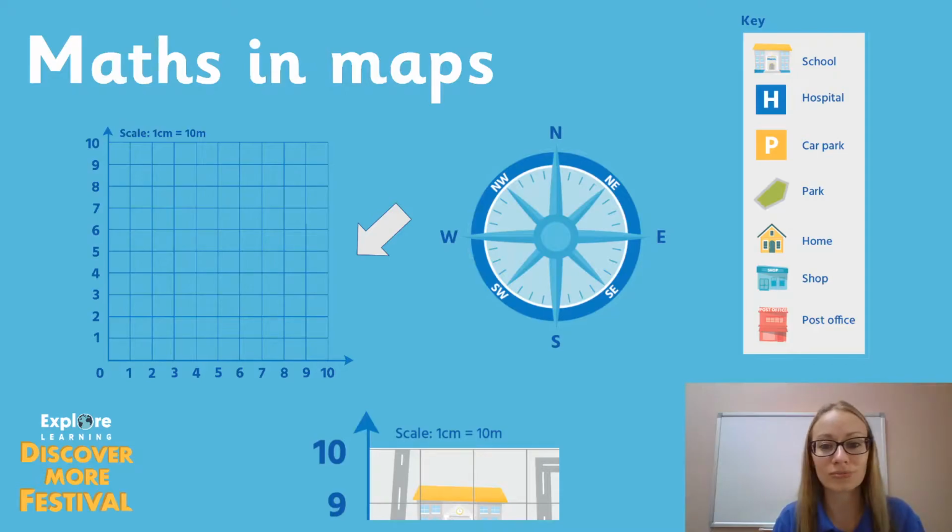So lots and lots of ways that maths is incorporated in maps. Also, maps can help us to solve mathematical problems, such as working out how long it might take us to travel from one place to another, or how far away our school is, for example, from our home. So we can use maps to help us with mathematical problems.